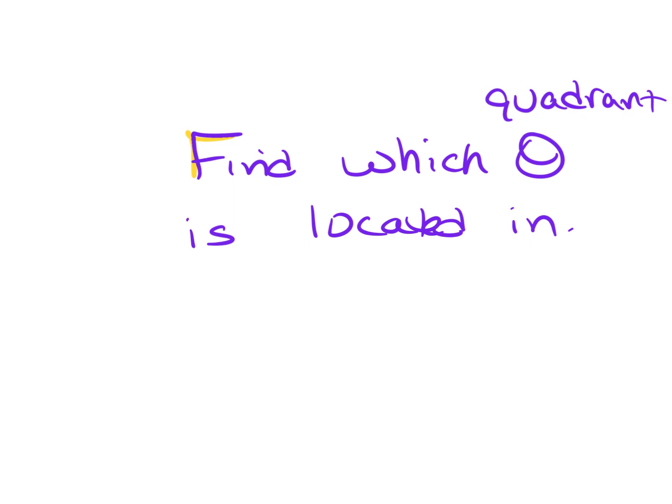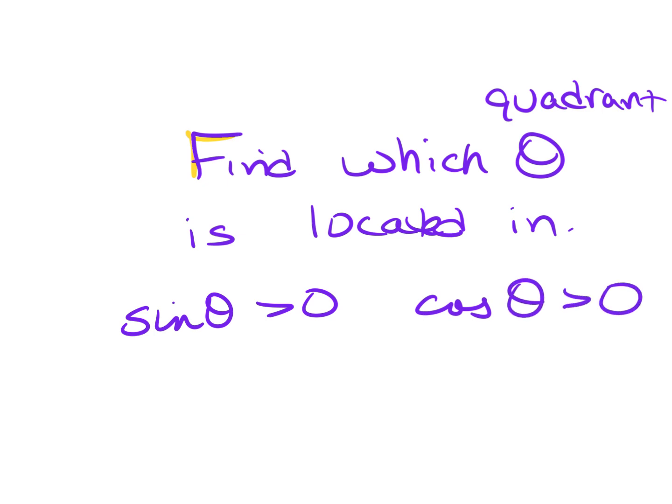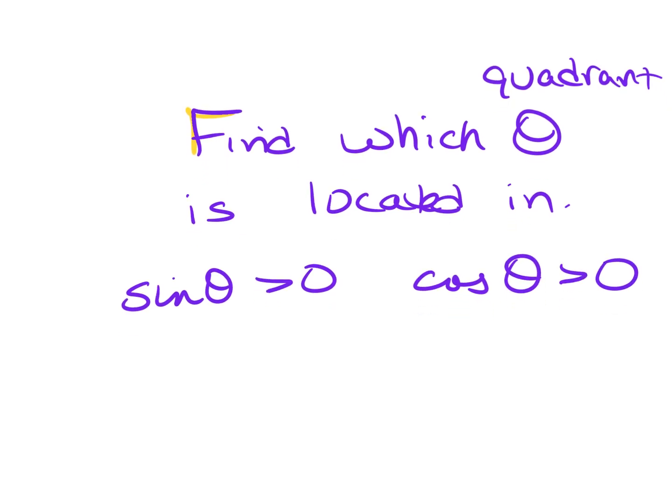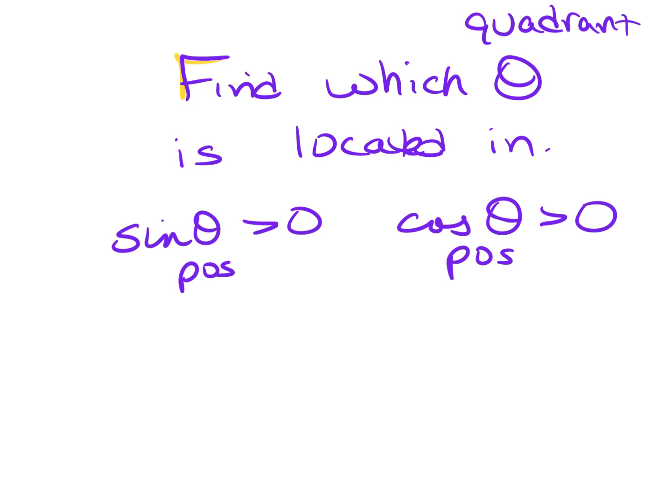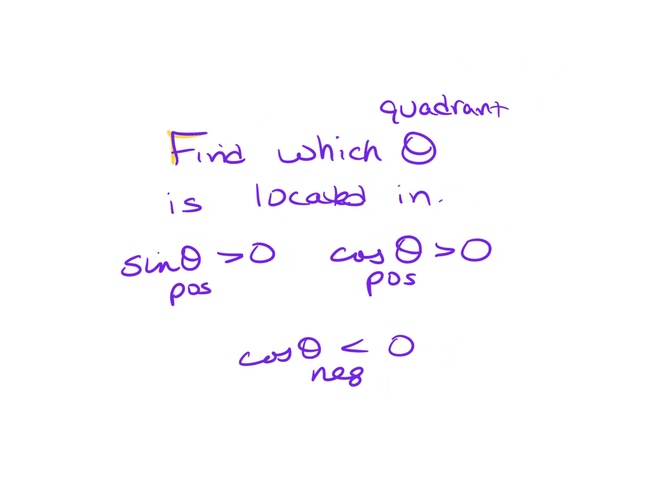So they're going to give you when sine of theta is greater than 0 and cosine of theta is greater than 0. So what this means to me is when something's greater than 0, it's positive. If it had when cosine of theta is less than 0, this is where I would look where cosine's negative. So this is the question we're going to answer right here.